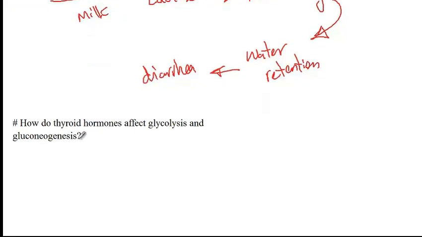Now, how do thyroid hormones affect the rate of glycolysis and gluconeogenesis?